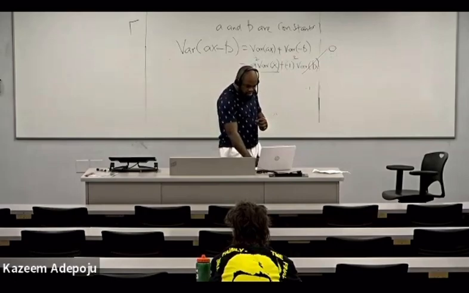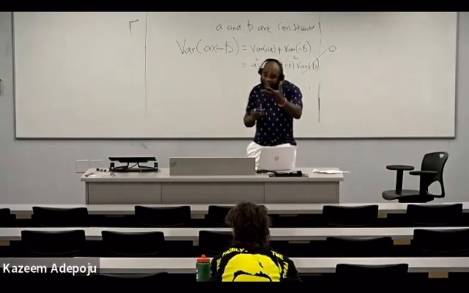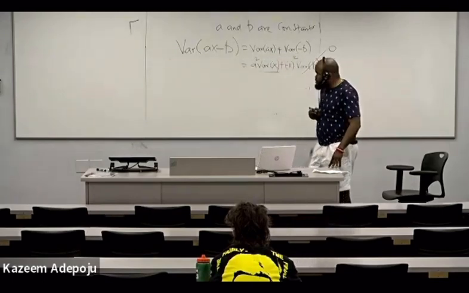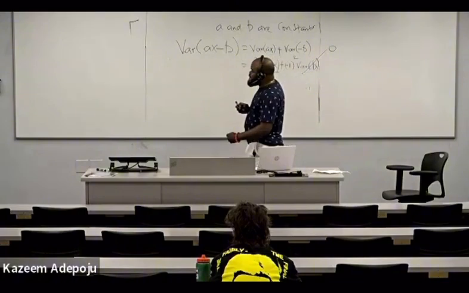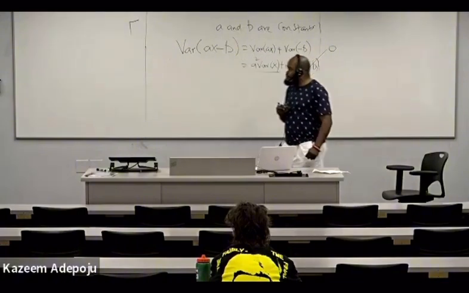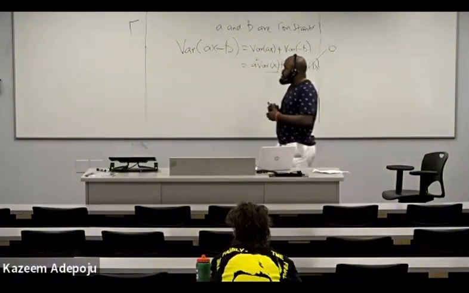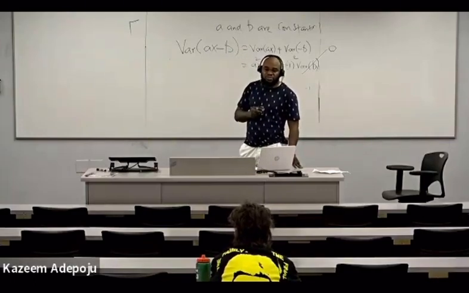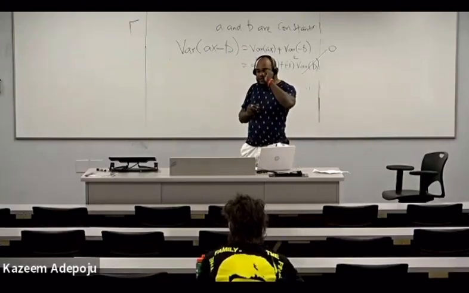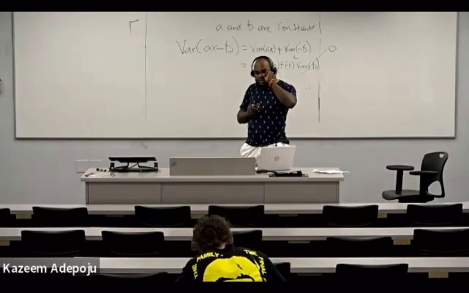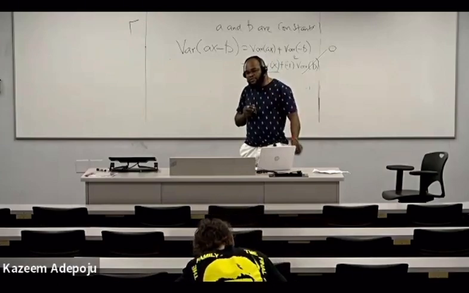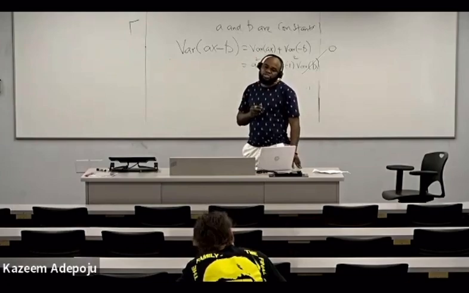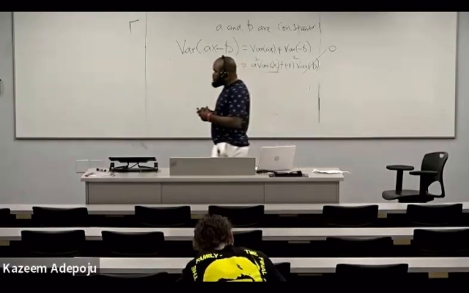Now we want to generalize the variance of the linear combination. If I have x1, x2 up to xn, and they are independent, independent means the covariance is equal to 0. Covariance is the joint variability, and the joint variability will be equal to 0.